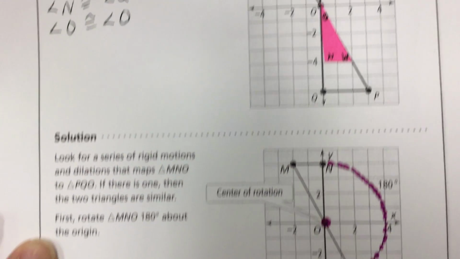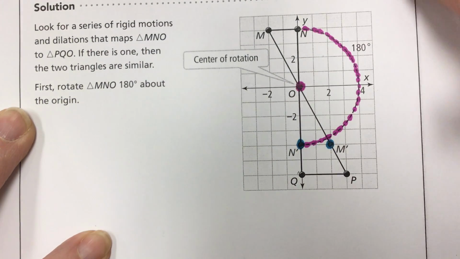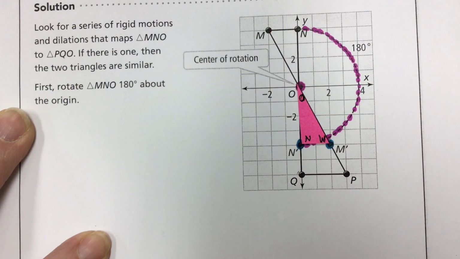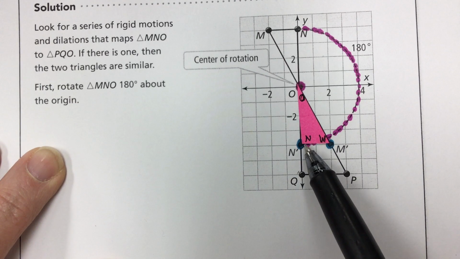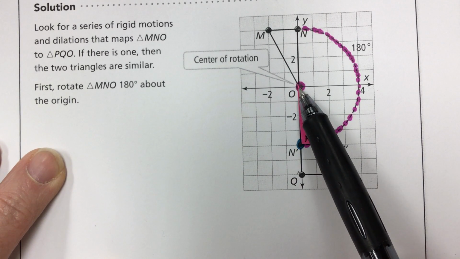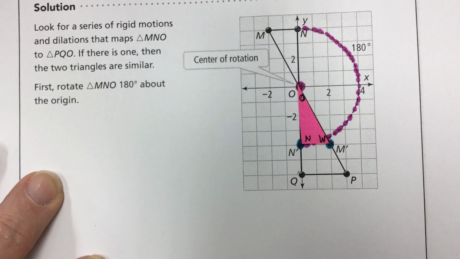So now let's use this next picture here. You see where the triangle was taken. It was rotated around and ends up right here, okay? So this is N prime, M prime, and O prime. Notice the center of rotation, O and O prime would be the same.